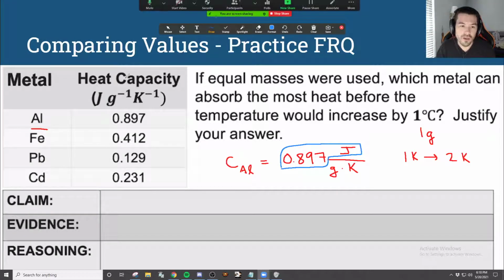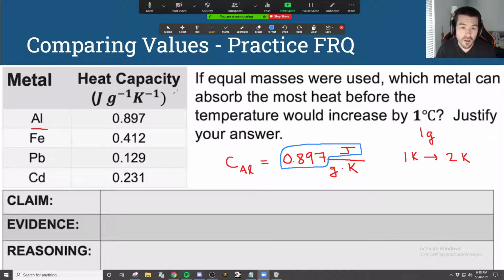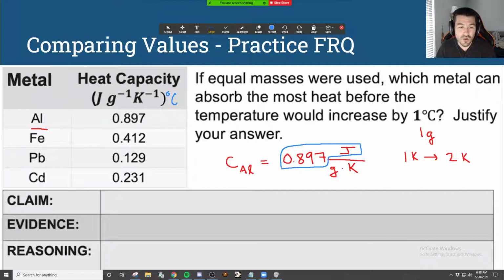That's why you can use Celsius or Kelvin here. This is a change in temperature, not a raw temperature value. With the ideal gas law, you have to use the raw temperature in Kelvin. When you're using heat capacities, this Kelvin is always a change in temperature, so it can be Kelvin or Celsius because you're subtracting the values. It doesn't matter which one you use.